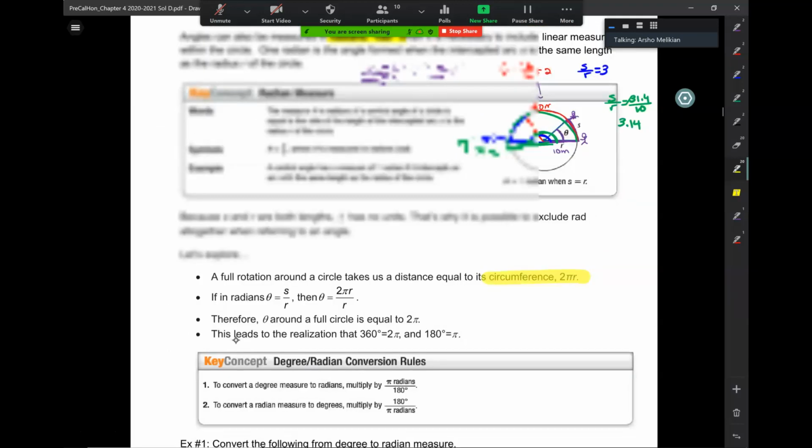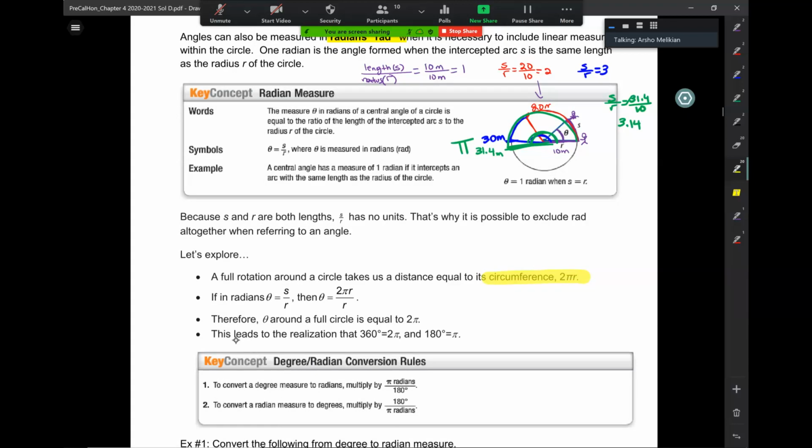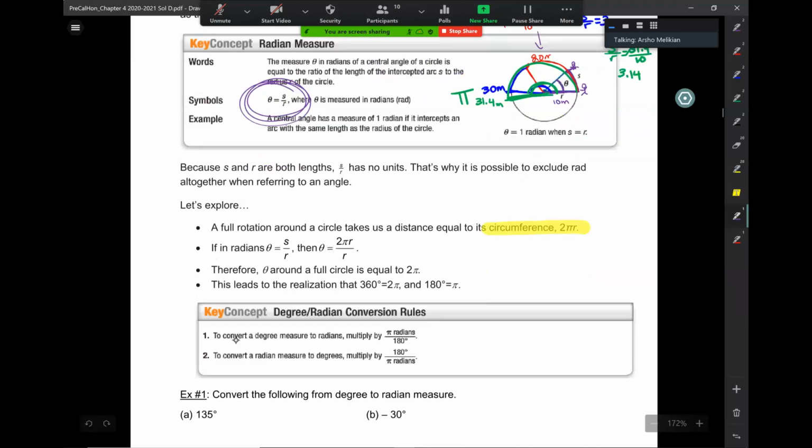That means by the time you've walked a full circle, the distance that you've walked divided by the radius is 2 pi, 6.28. Okay, so 1 radian then, this is important, is defined as S over R. It's how much you walked divided by the radius.